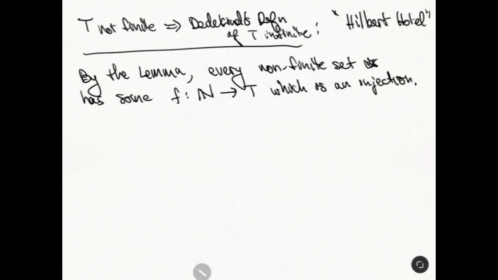And that's where we use the axiom of choice to produce that. So we have this injection. Let me draw the picture.